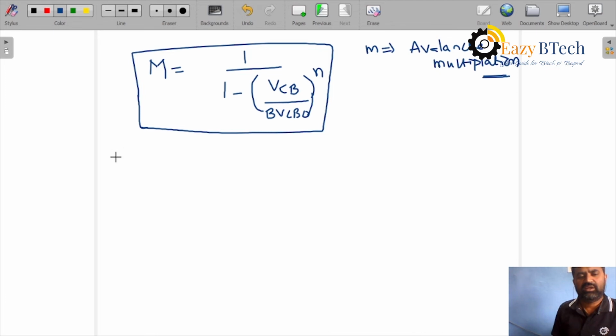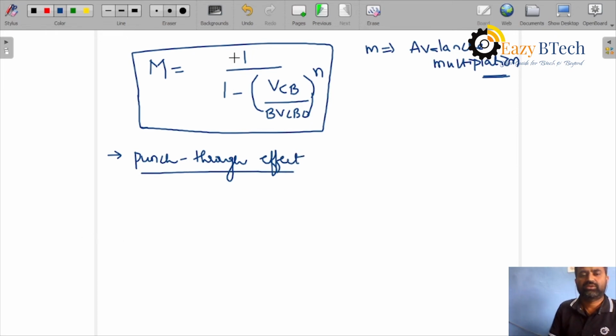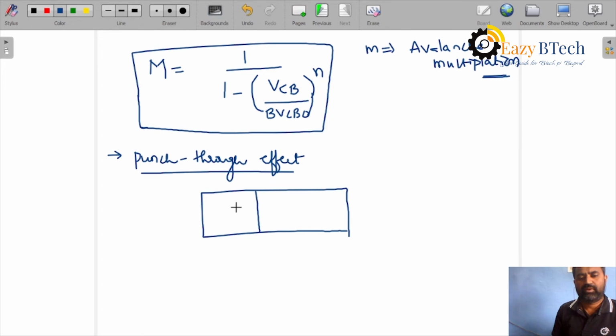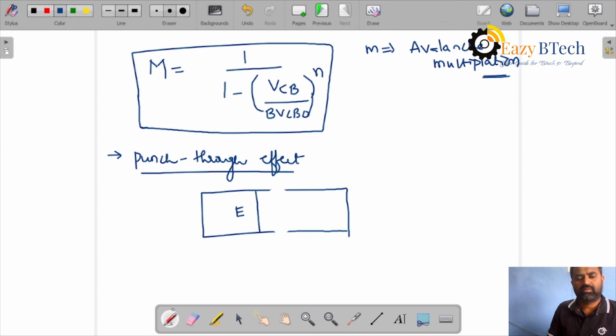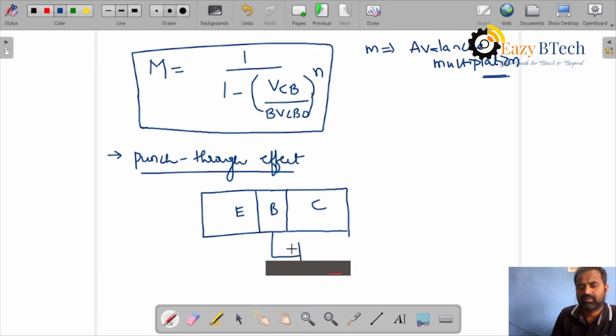Now, similarly, let us go through the punch-through effect, or reach-through effect. Here we have emitter, base, and collector.